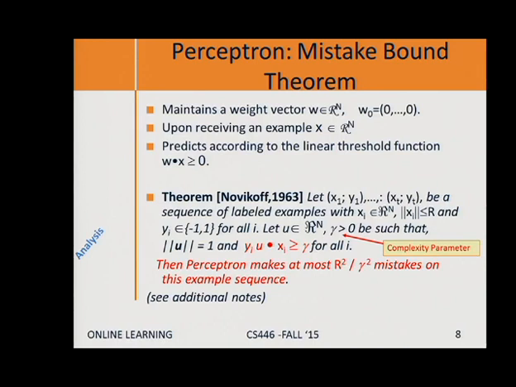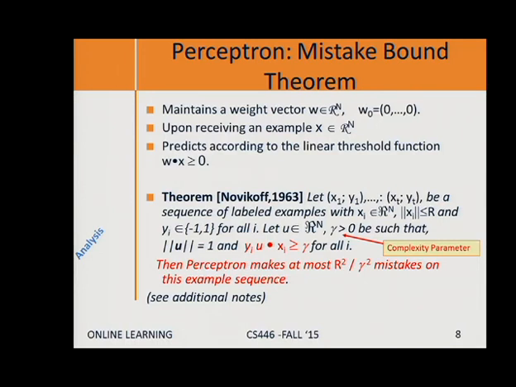Under these conditions, the claim is that Perceptron is going to make at most R square over gamma square mistakes on this example sequence. Now, again, try to understand what that means. This R square is just the size of the data. If the examples are farther apart, it's going to influence how many mistakes I'm going to make.